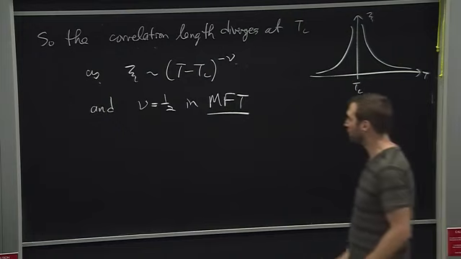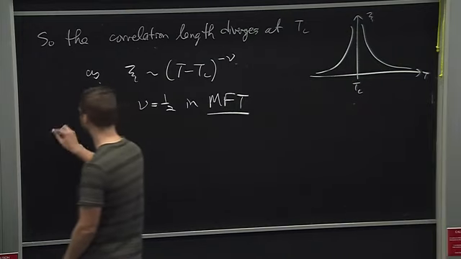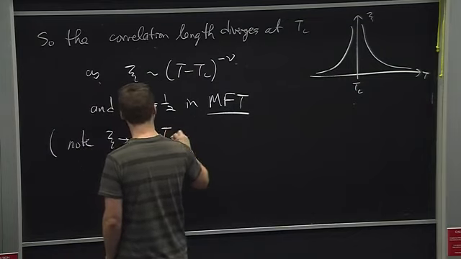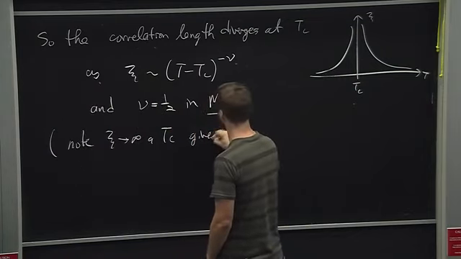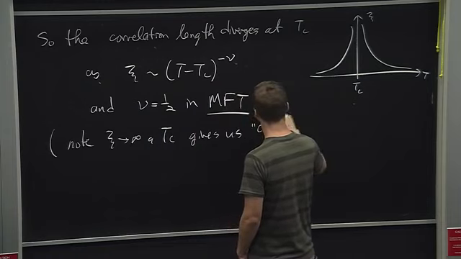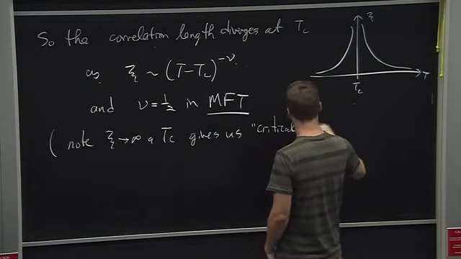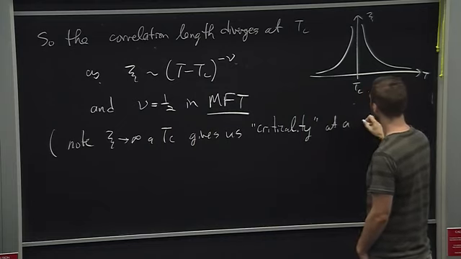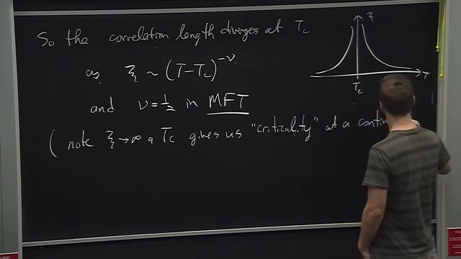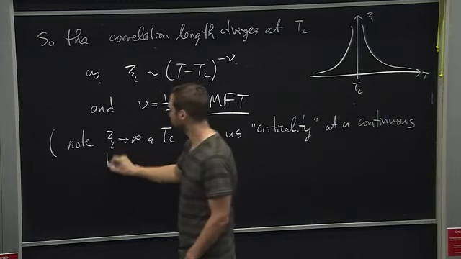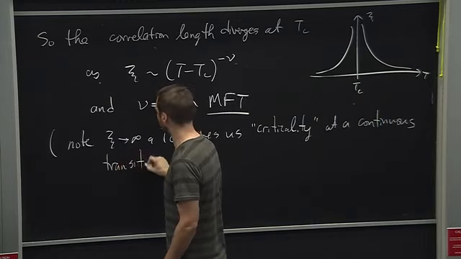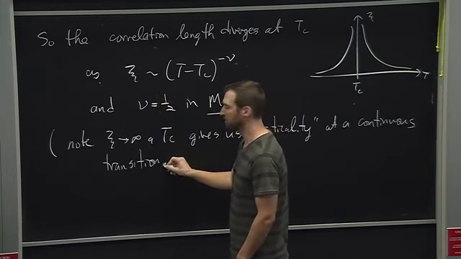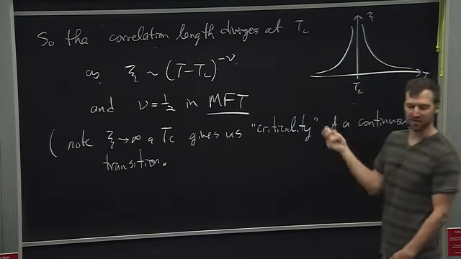Again, that's not true at a first order transition. This gives us scale invariance, gives us criticality at a continuous transition. This divergence does not happen at a first order transition. So first order transition isn't described by this theory.